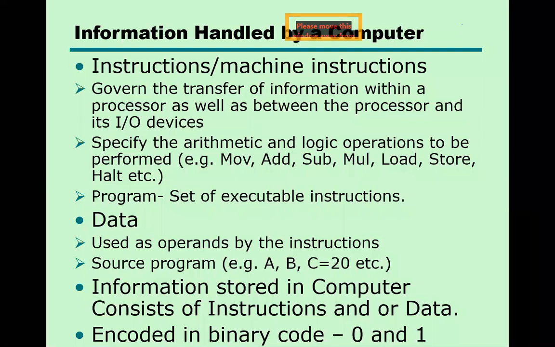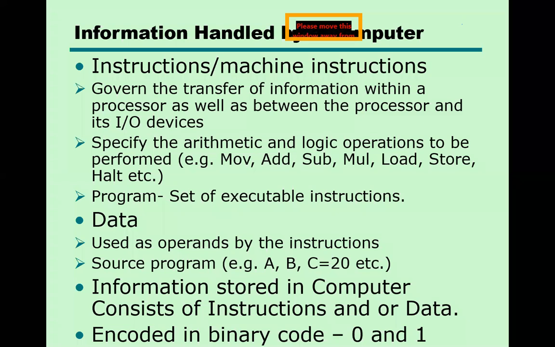Here, as we know, the computer cannot understand our language. So definitely we have to provide the instruction in such a way that the computer can understand it. We'll discuss later how we provide the instruction. The second thing is the data.